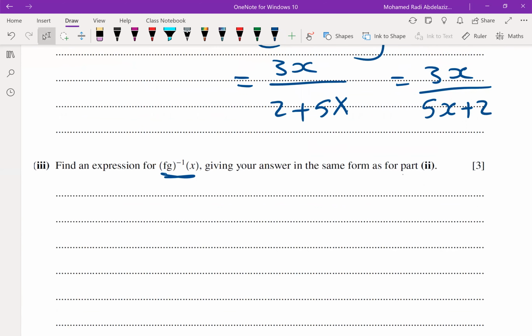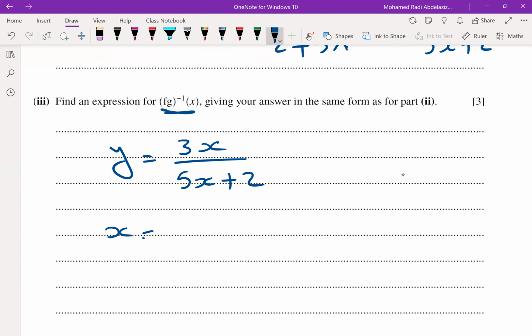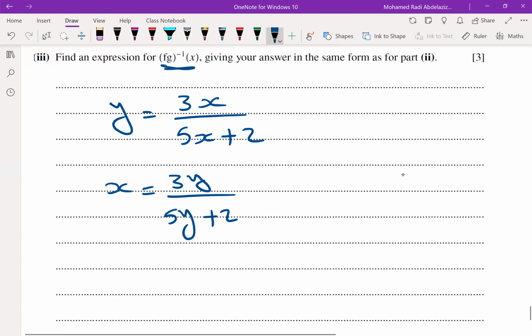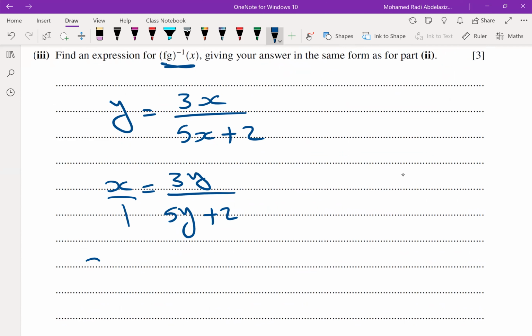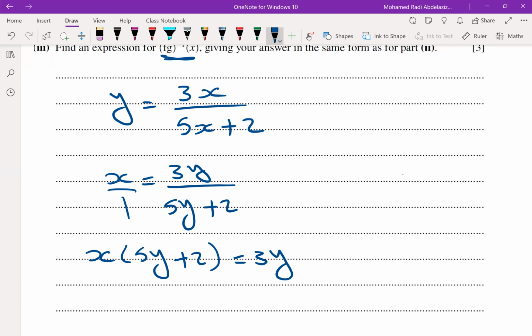Part 3: find an expression for the inverse of fg. Give your answer in the same form. If we start now from y equals 3x divided by 5x plus 2, change y to x and x to y: x equals 3y divided by 5y plus 2. Cross multiply: x times (5y plus 2) equals 3y.